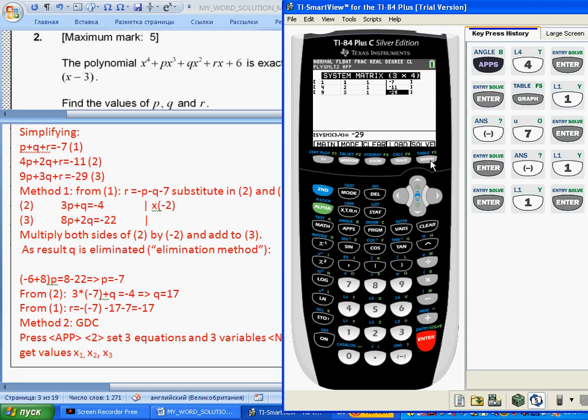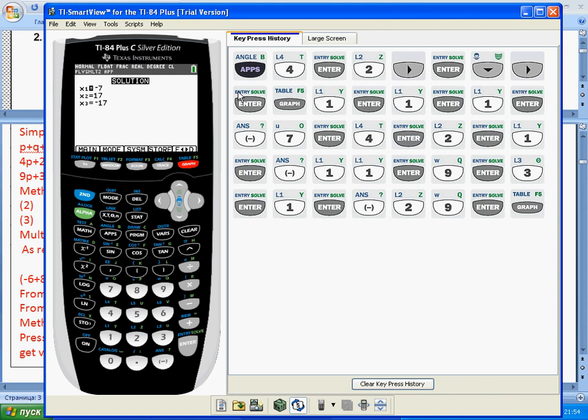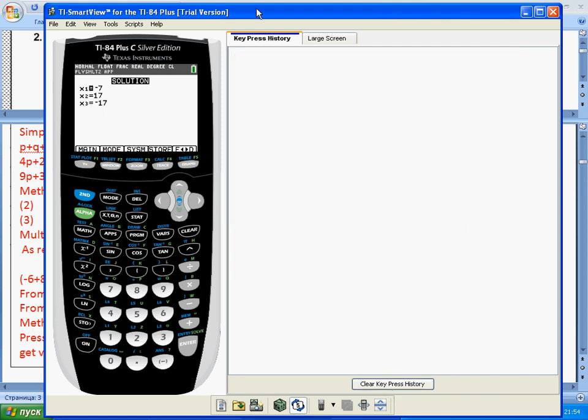Now we go to the solver, so we press this button, and here we have 3 values, P, Q and R. Here we have the press history, so you can copy it if you want. I give you some time. Now I clear this.